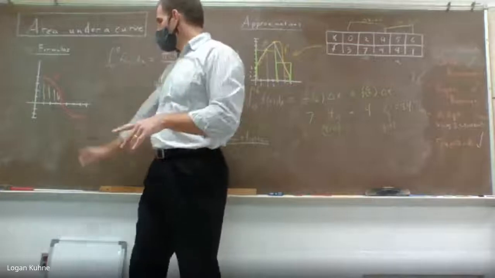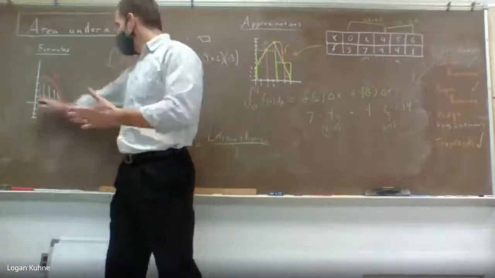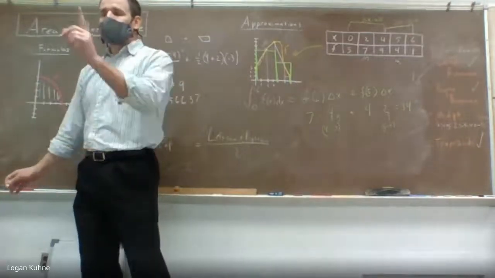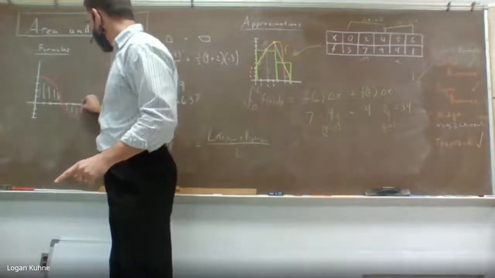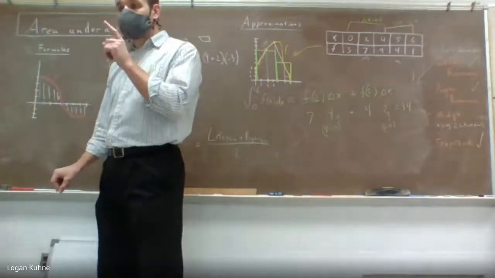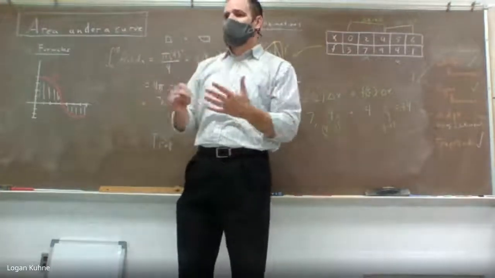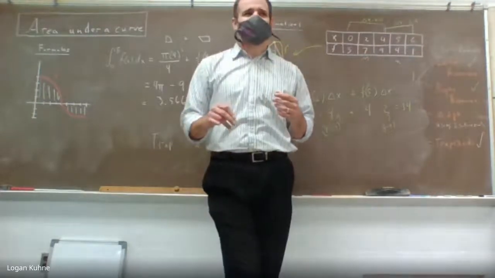When we say under the curve, you think, oh, why am I not going under this way, right? Because if I go under this, it keeps going forever. When we say under the curve, we mean between the curve and the x-axis. Area under the curve is area between the curve and the x-axis. But that's too long, so we say area under the curve.